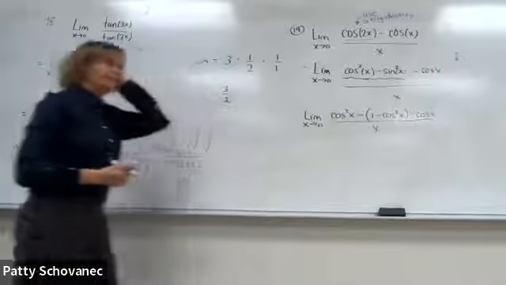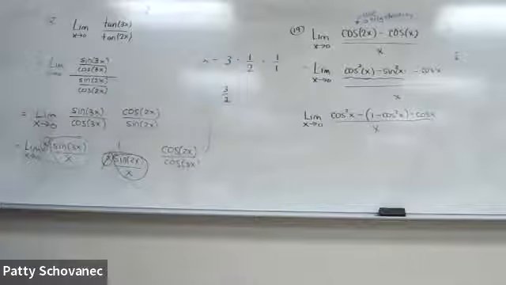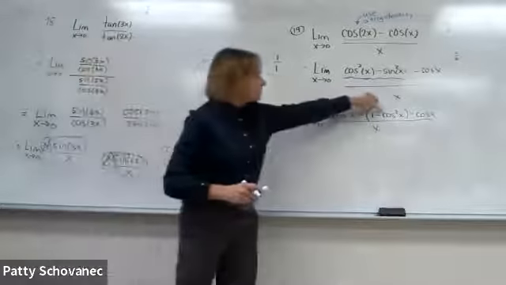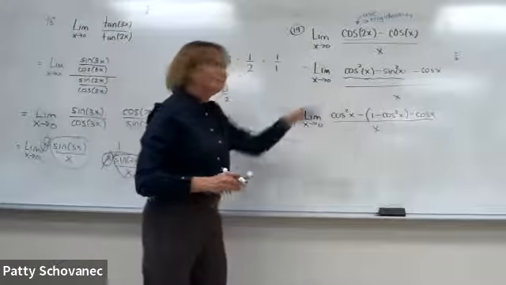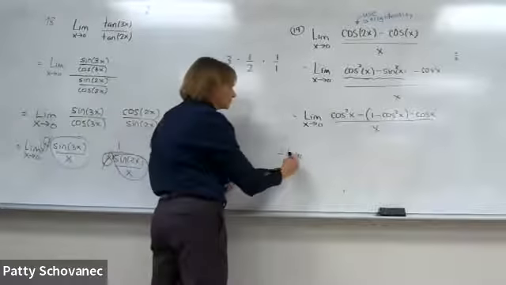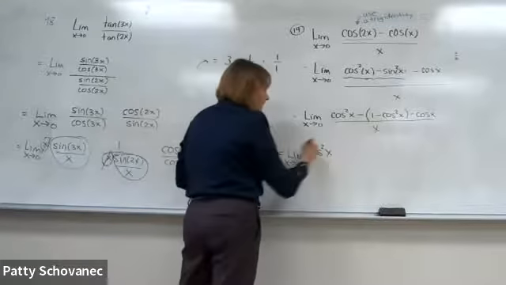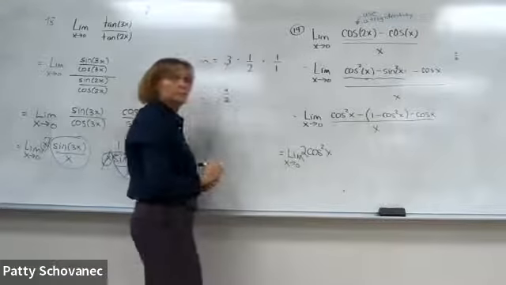Just keep playing with that. I'm going to take the parentheses away and distribute the minus sign. So when those parentheses are gone, I'm going to have a minus 1 plus a cosine squared. So I'm going to take the cosine squared that I get from here and add it to the cosine squared that I get there. Put that with that, and it's going to give me 2 of those.